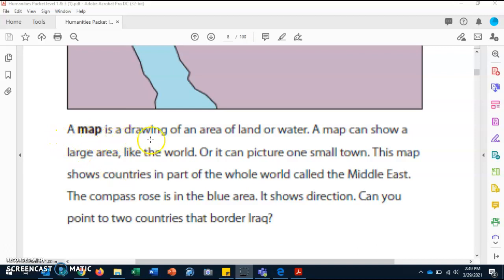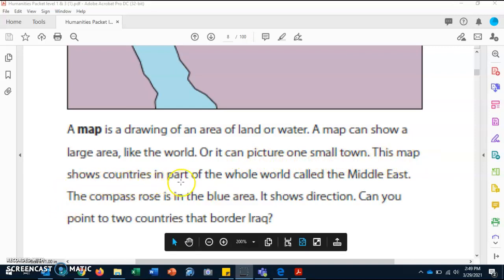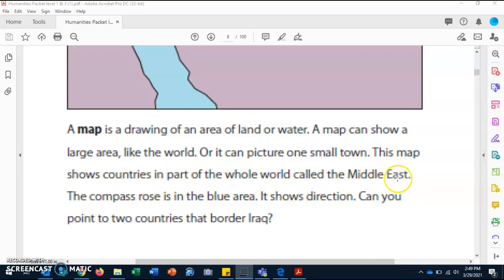A map is a drawing of an area of land or water. A map can show a large area like the world, or it can picture one small town. This map shows countries in part of the whole world called the Middle East.